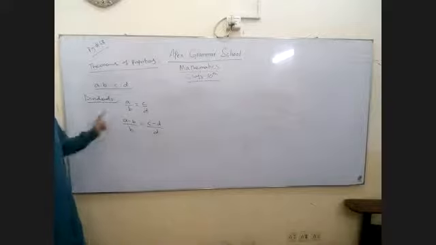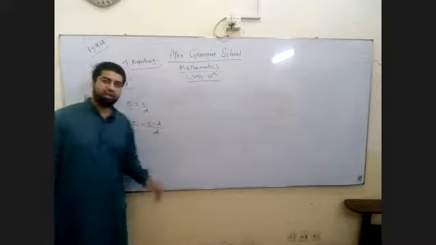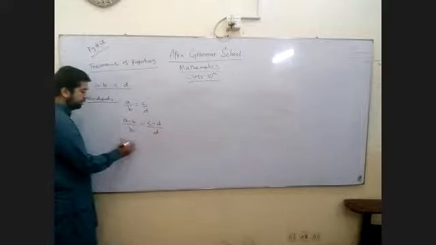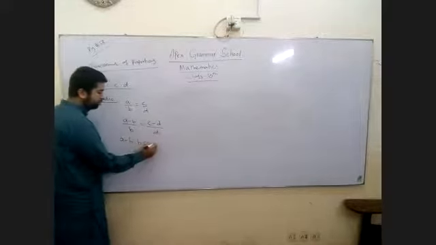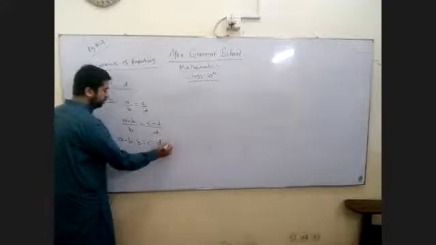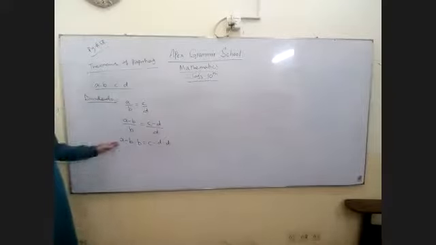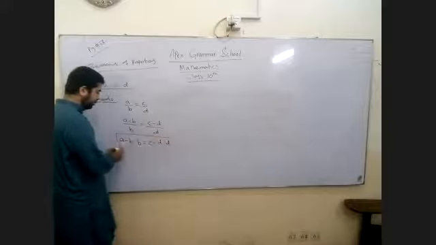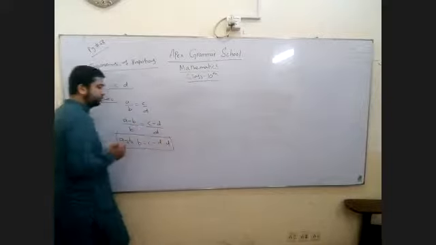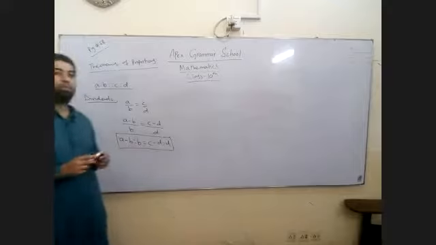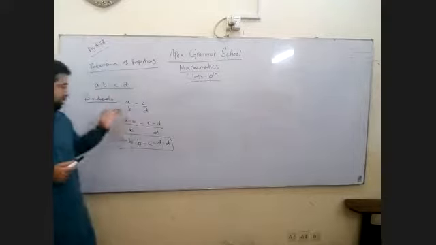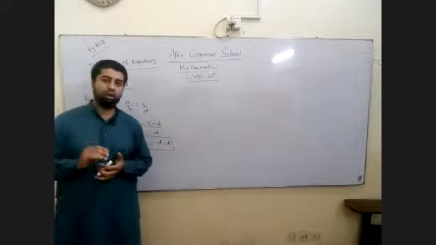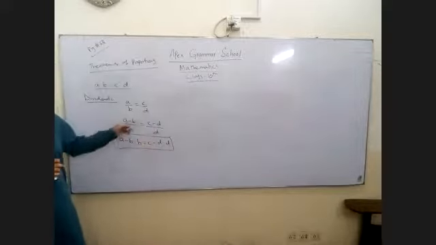So A minus B divided by B is equal to C minus D divided by D. We can write this as A minus B ratio B is equal to C minus D ratio D. This is basically the dividendo theorem, and that's it. We have done componendo, the same thing with the addition sign, and dividendo, the same thing with the negative sign.